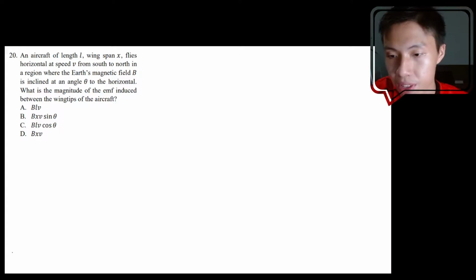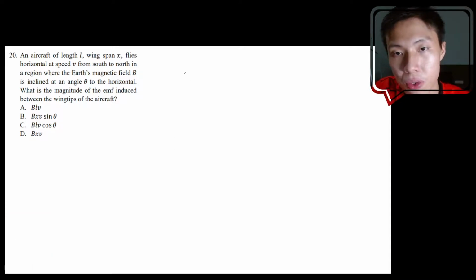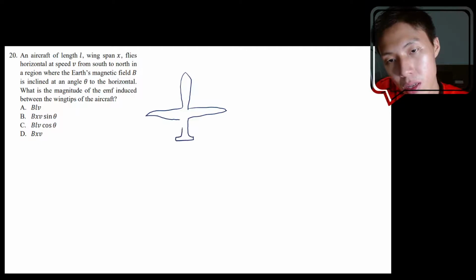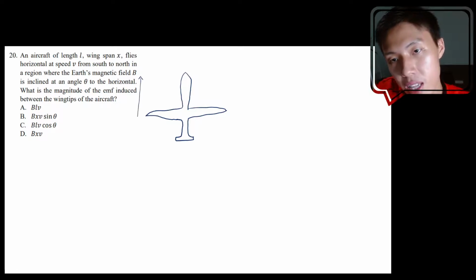I'll draw a few different diagrams. If you look at the top view, this is how the plane should probably look like. The length is L. This is an aircraft of length L. Then the wingspan is x.